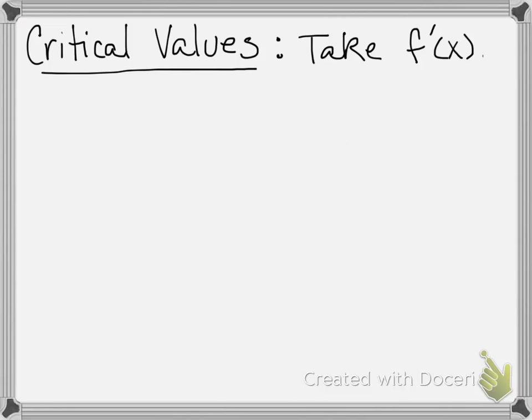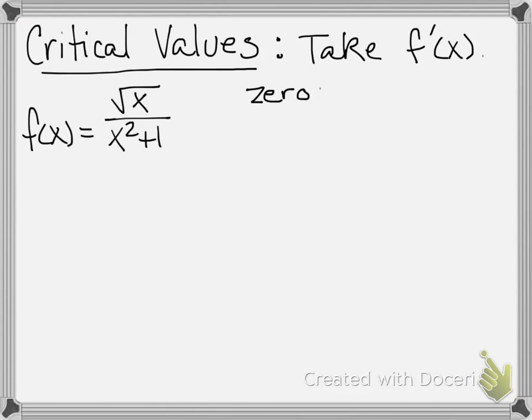Alright, so we had our f of x being equal to square root of x over x squared plus 1, and we can tell right from the get-go that since that is a fraction, if we take the square root of 0, that will actually make the function 0, because the square root of 0 is 0, and 0 divided by anything is still 0.